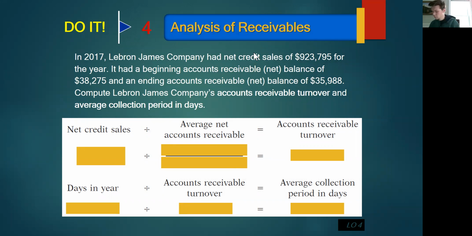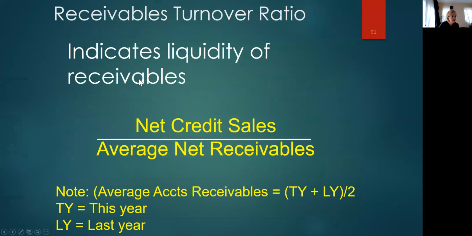Okay, so the formula is in your course pack, right? You can see it, net credit sales. This is page 29. Correct, I just have the blank boxes, I don't have the explanation. You should have the formulas, right? Yes.